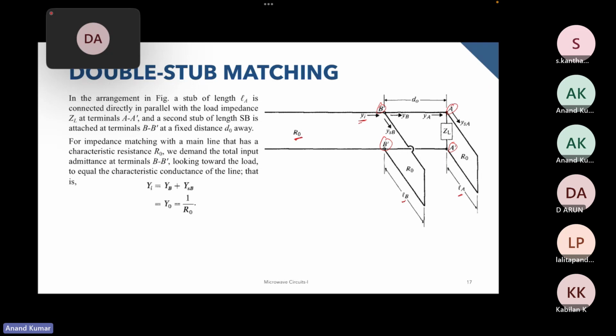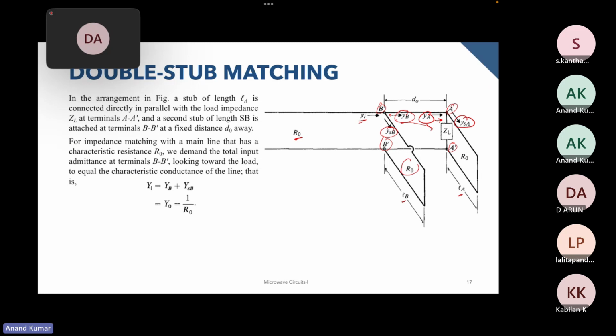Looking from this point towards this direction, the admittance that we get is YB. Similarly, the admittance looking at the first stub is YSB, and the admittance looking at the second stub is YSA, and YA is the admittance looking in this direction from this point over here.